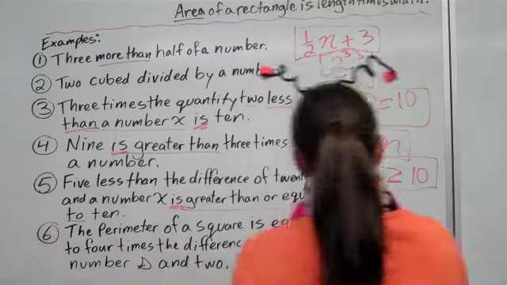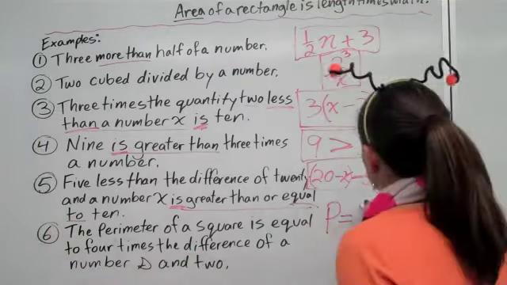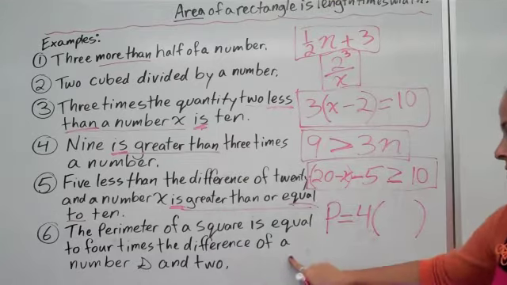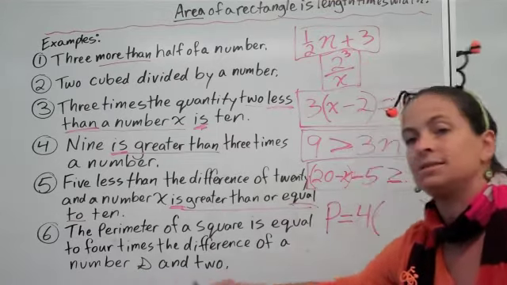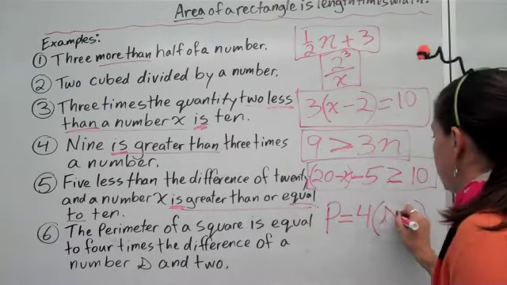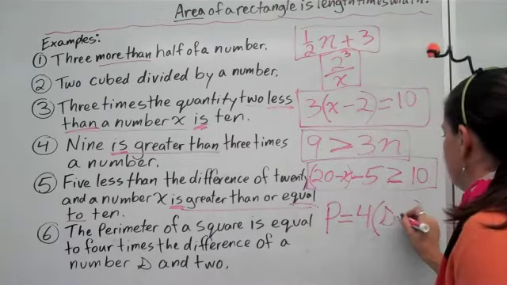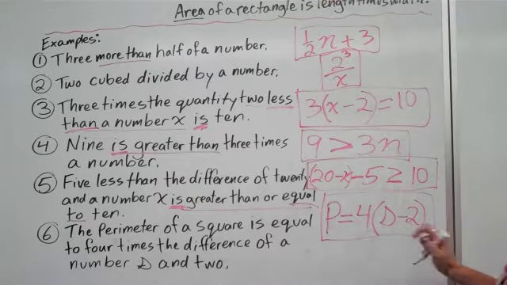So we are going to do 4 multiplied by the answer to the subtraction of a number s and 2. So s and 2 is what we're subtracting. Read it one more time. The perimeter of a square is equal to 4 times the difference of a number s and 2.